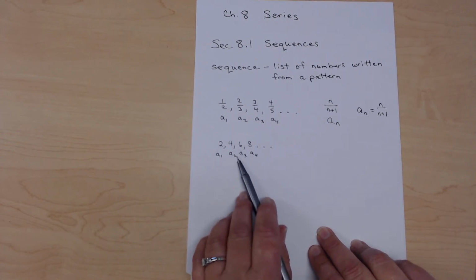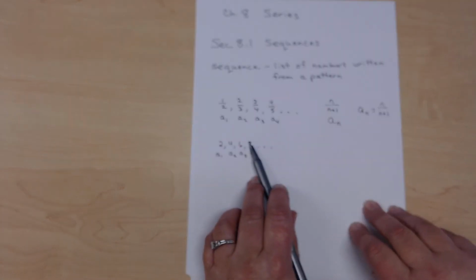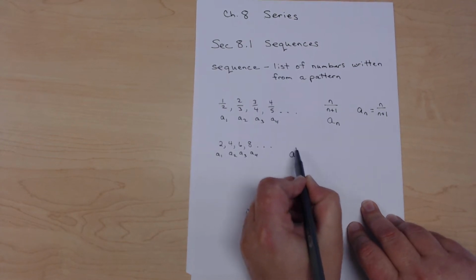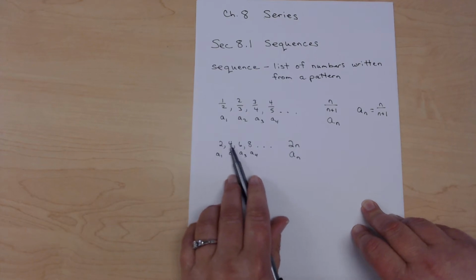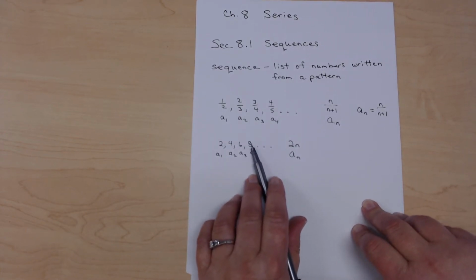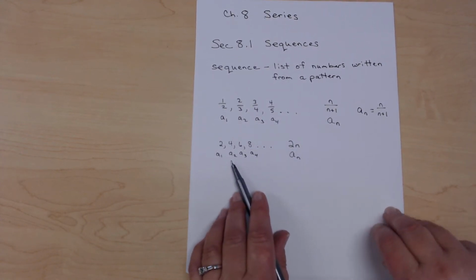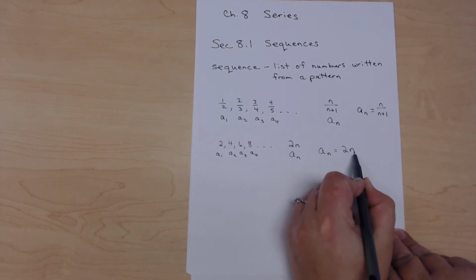How do we go from 1 to 2, or from 2 to 4? How do we go from 3 to 6? How do we go from 4 to 8? So that would be a sub n is 2n. Remember, it's okay to do it this way, but much better to do it this way, and the whole reason why is now I can come up with the 100th term without having to go backwards. So we're going to see it as a sub n equals 2n.